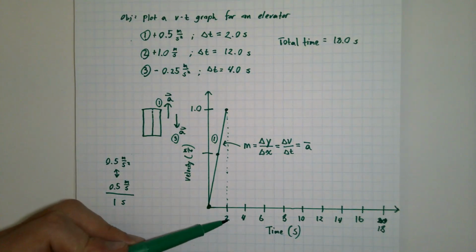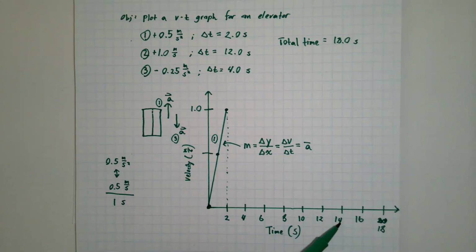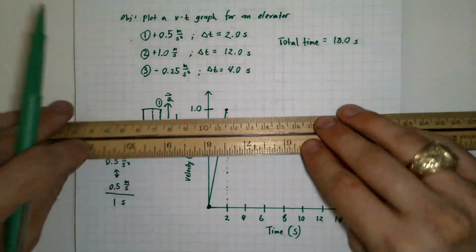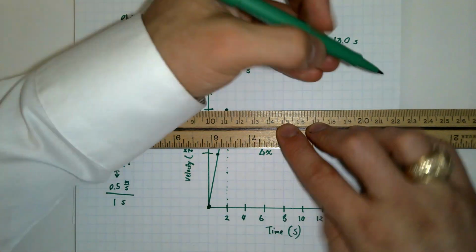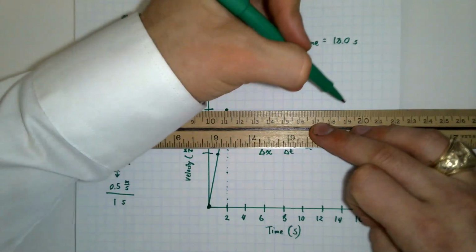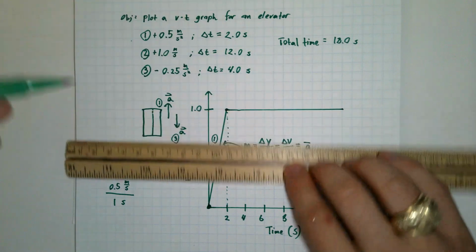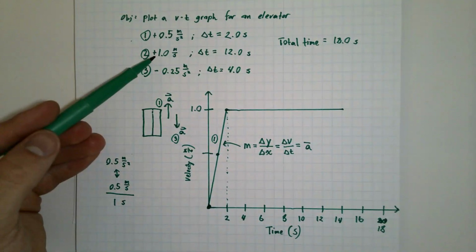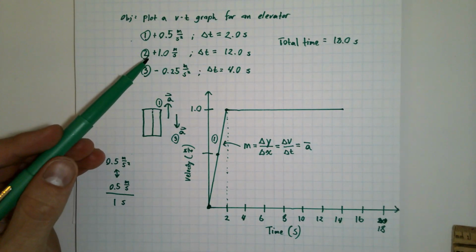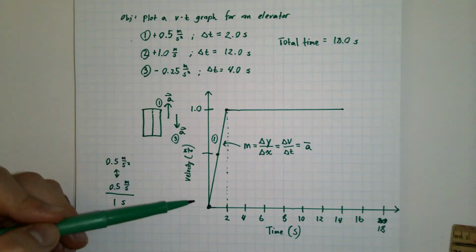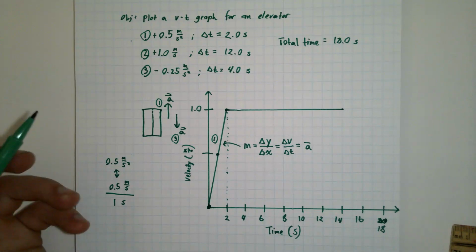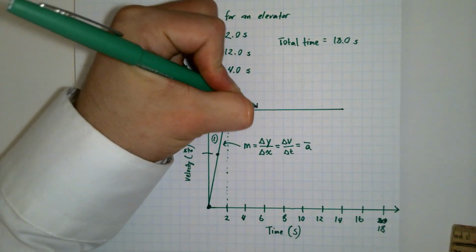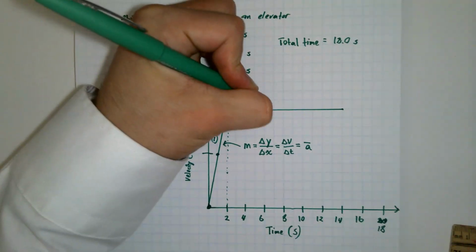So we go from 2 seconds to 12 more seconds, which gets us to 14 seconds. So from time equals 2 seconds to time equals 14 seconds, we're traveling at a constant speed of 1.0 meters per second. Constant velocity that is positive, and hence we're on the positive part of the dependent axis. That's for a total time of 12 seconds.